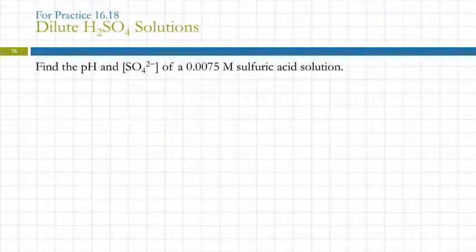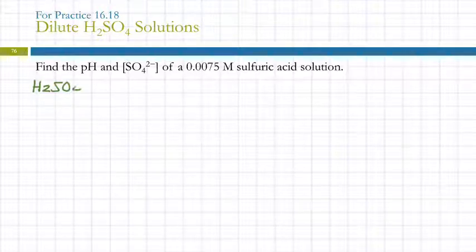Now this was the one that we said you got to watch out for, a dilute sulfuric acid solution. So dilute, the concentration's really low, and sulfuric acid, the first ionization is strong. So we do have to look at both of the things. So let's see what happens here. We've got an initial concentration of sulfuric acid.